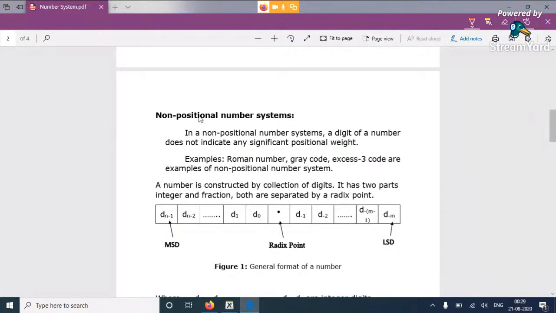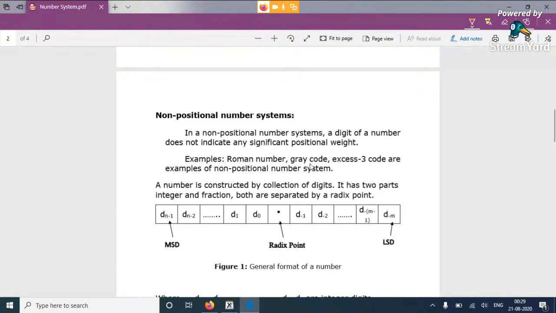Second is the non-positional number system. In a non-positional number system, a digit of a number does not indicate any significant positional weight. An example of this we did in our school life: Roman numbers. So the Roman number is an example of a non-positional number system.